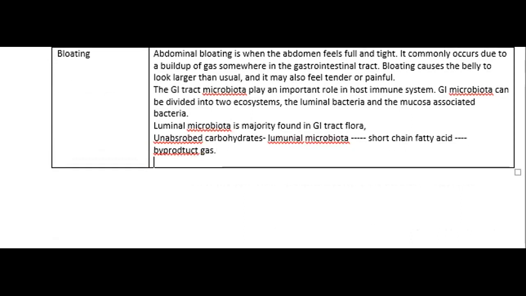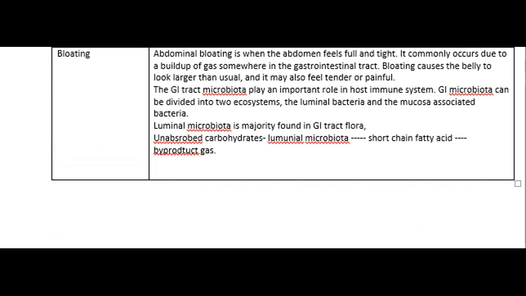There is also one more mechanism by which gas is seen, when we eat more fiber or sorbitol containing foods. What are the sorbitol containing foods? Examples are apples, pears, apricots, plums, cherries, and dried fruits.